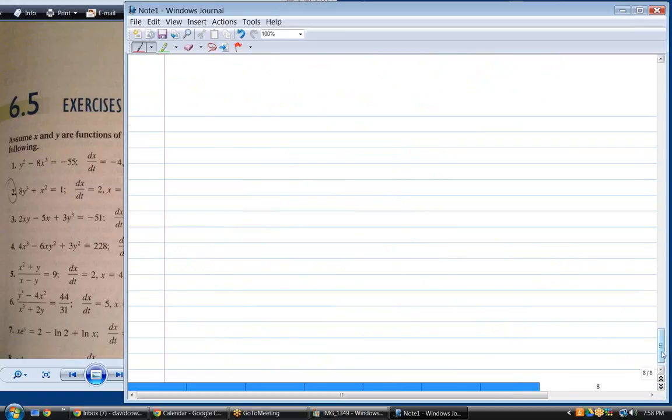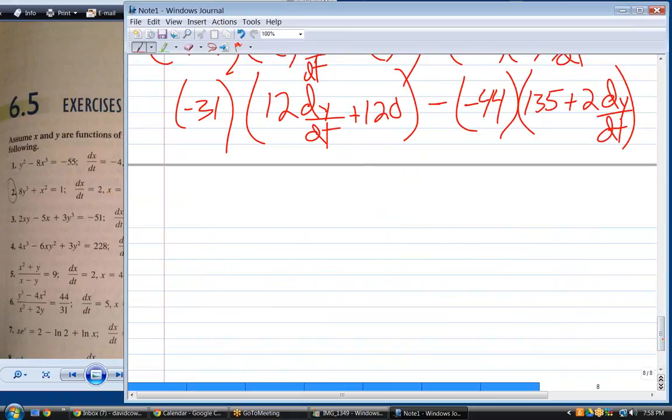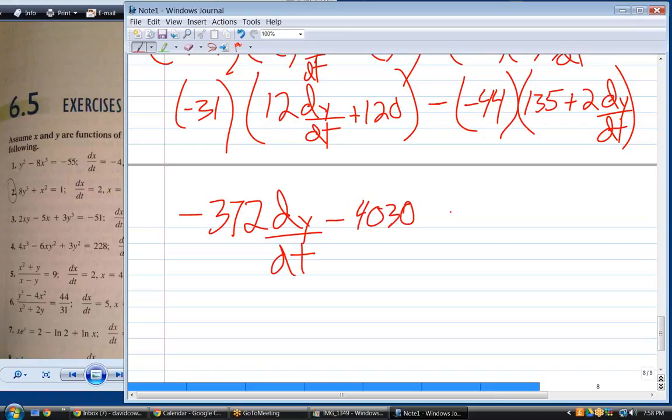Now, distribute more. Got a calculator? I do. Okay, so the first one would be negative 372 dy dt minus 4,030 and I'm going to use parentheses to distribute these two.